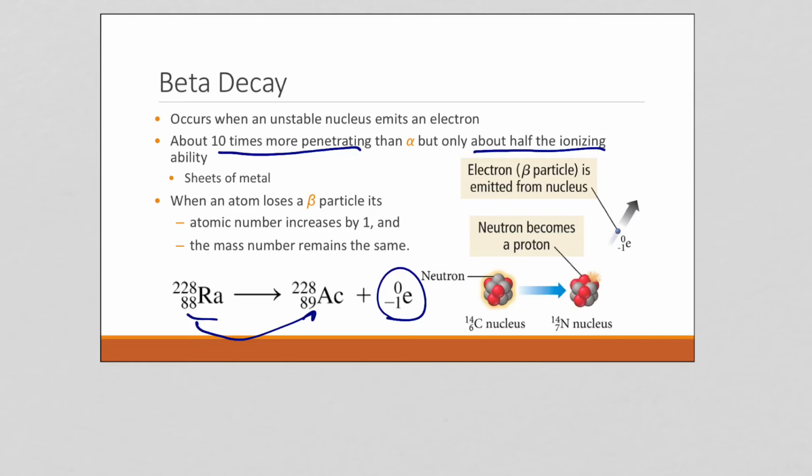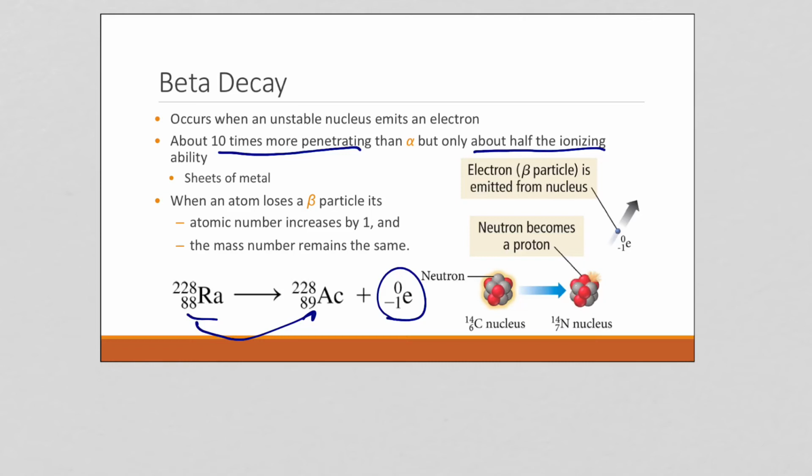We're not eliminating a nuclear particle. We're eliminating essentially a very small mass particle with a negative charge. So we're eliminating a negative charge from the nucleus, if you will. And so that causes the number of protons to change by 1. So we gain a proton during a beta decay.